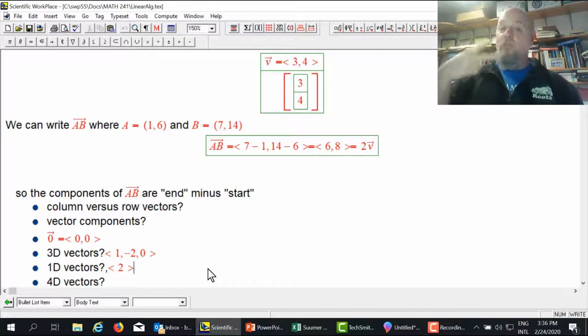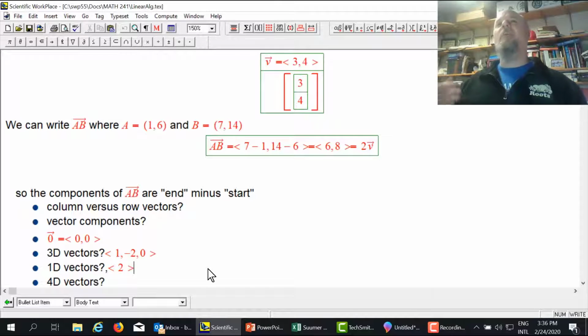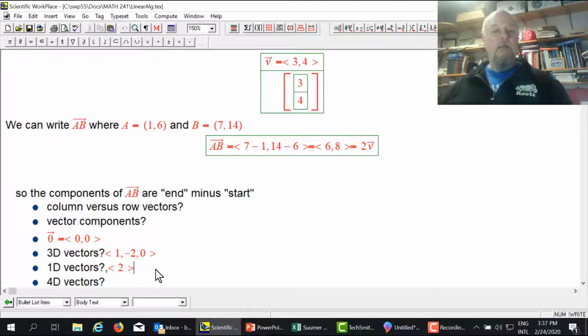In one dimension, there's only 2 directions. You're either pointing positively or negatively. So the sign is telling you the direction, and the size of the number itself is telling me the magnitude of it.